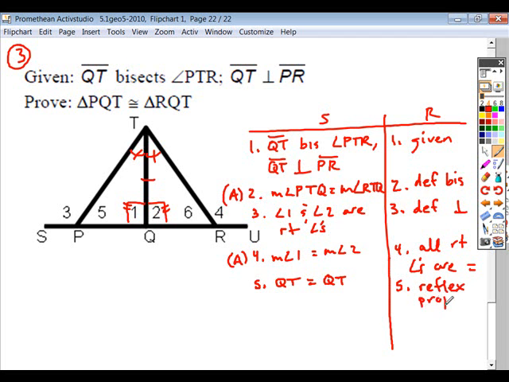Okay, so by reflexive property, we know that QT and QT are equal, so this gives us a pair of sides. So we have 3 pieces of information. Now disregard the order that they go in, because we could have moved step 5 anywhere along the way. So the order that you see these letters in this vertical arrangement doesn't give you the pattern.